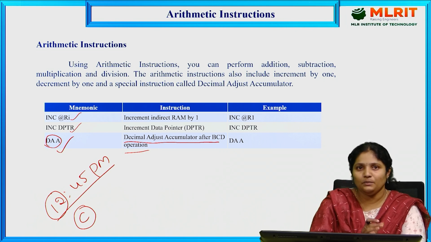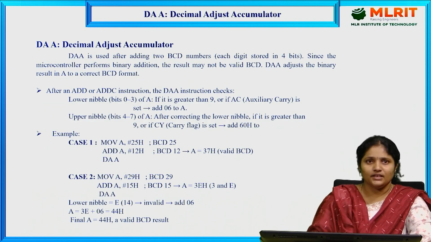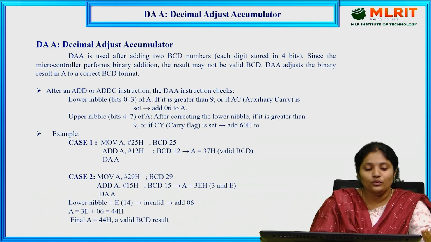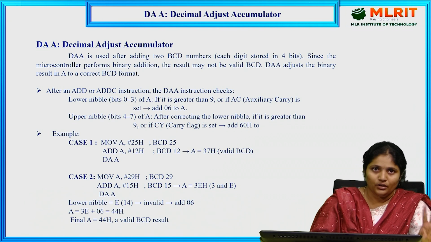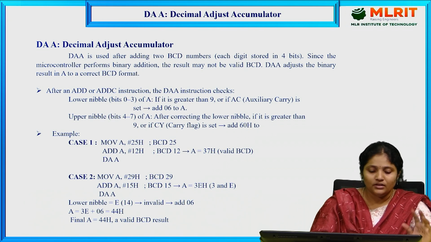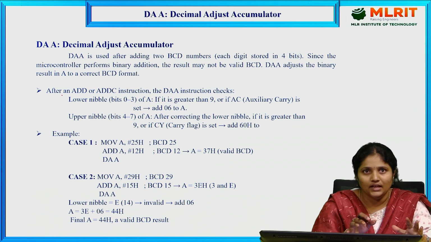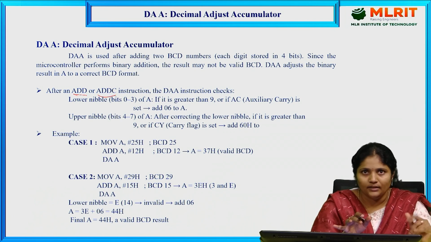So how will it perform, how will it add? In this there are 2 rules that we need to follow. First, only after performing an addition can we use DAA, so after ADD or ADDC, any addition instruction.